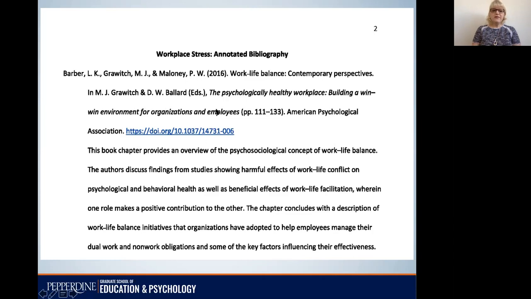As you can see in this sample, we have the name of the authors and the title, and this is from a chapter in a book. So we first have the reference, then down in the second part, it says this book chapter provides an overview of the psychosociological concept of work-life balance.